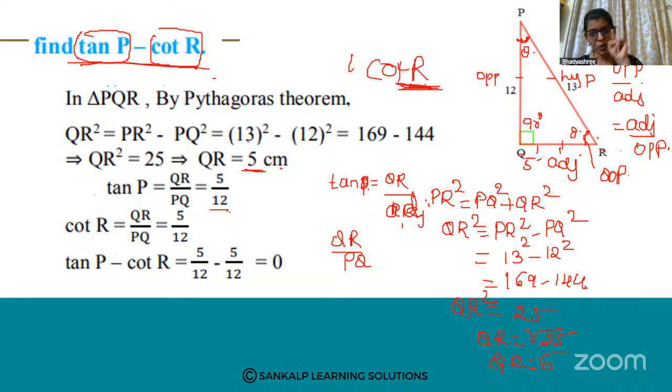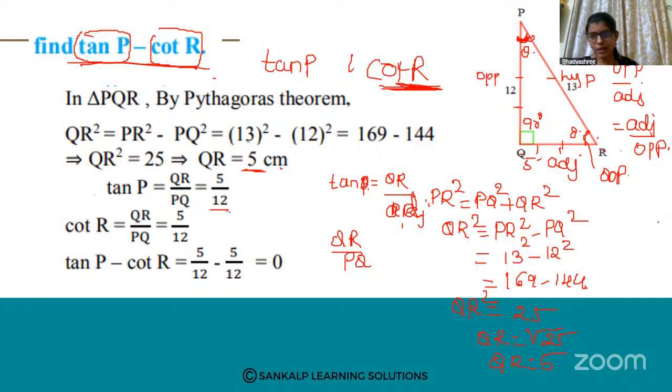Theta is at point R. If tan P is given, theta is at point P. So depending upon the position of theta, we need to take which one is opposite side and which one is adjacent side. Okay, now cot R means our theta is at point R. So at point R, opposite side is PQ, adjacent side is QR.